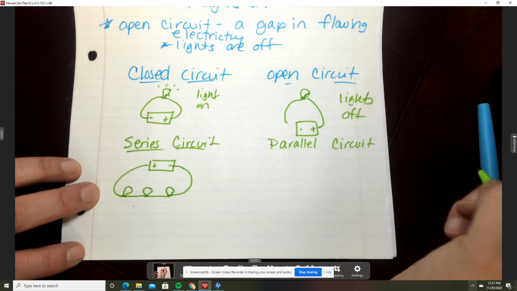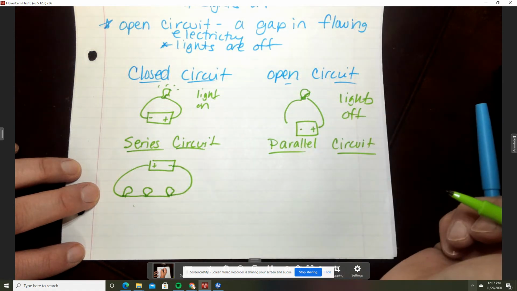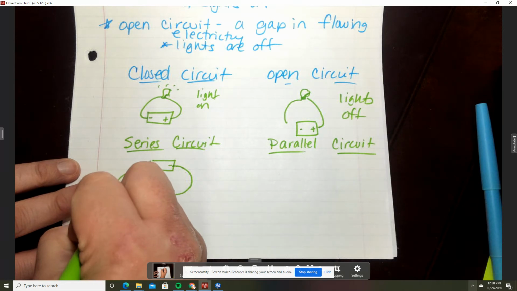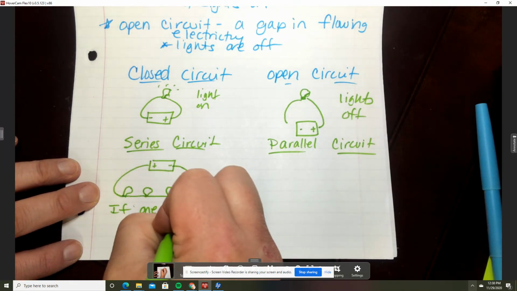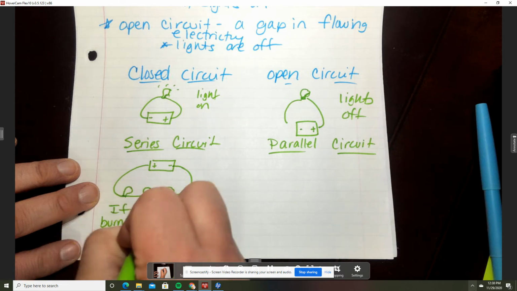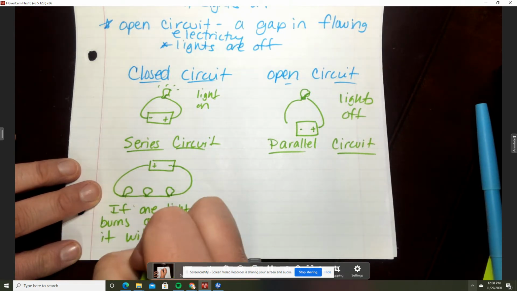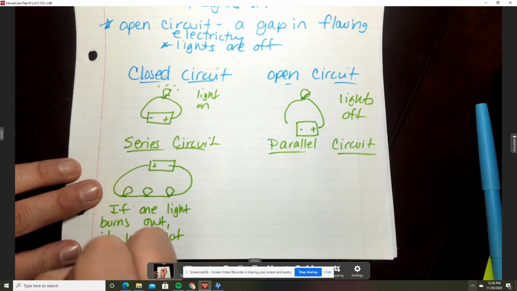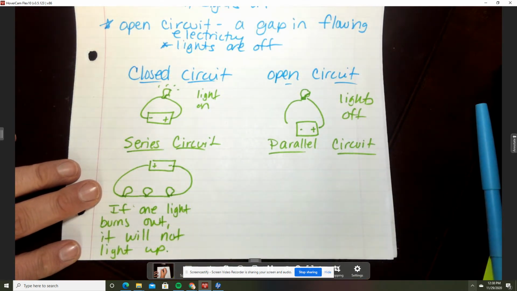But those old-timey Christmas lights usually just have one wire and they're a series circuit. Okay, one light burns out. So if one light burns out, it's not going to light up.